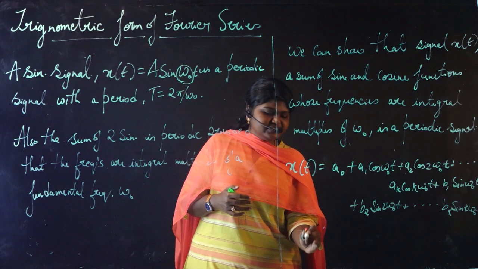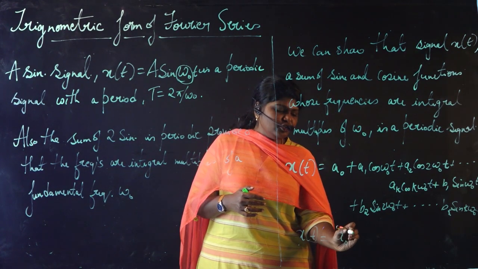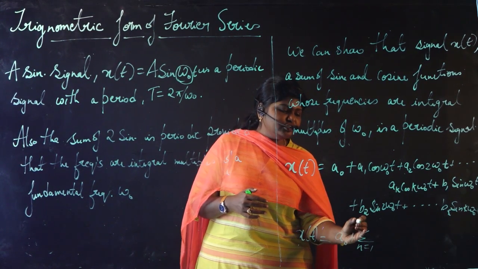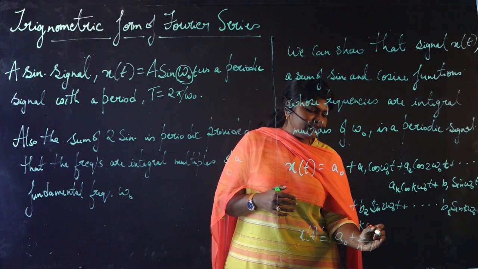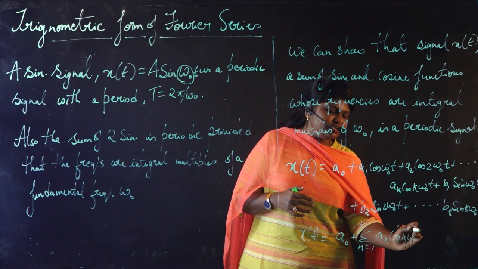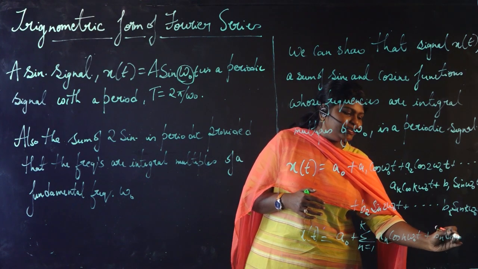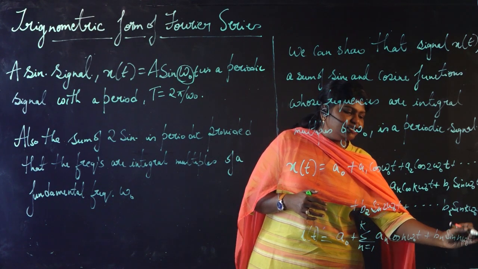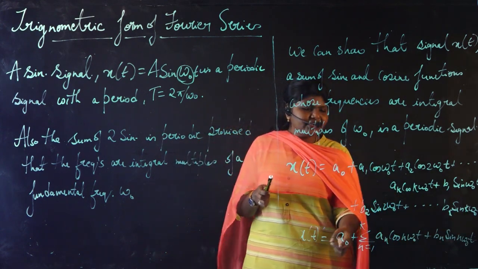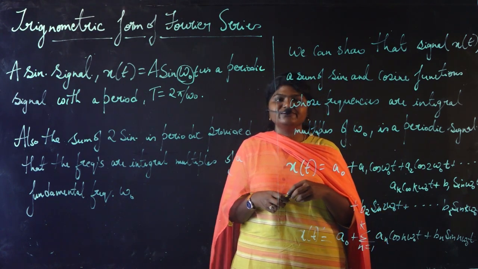We can simplify this as x of t equals a naught plus the sum from n equals 1 to k of an cos n omega naught t plus bn sin n omega naught t, where a naught, a1, a2, b1, b2 and so on are the coefficients.